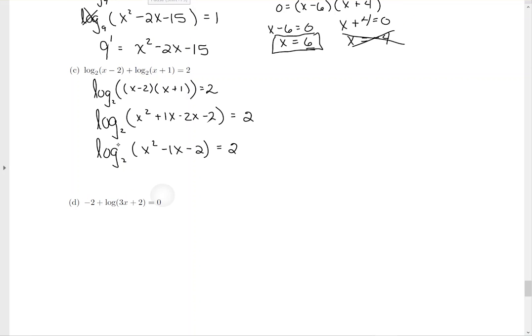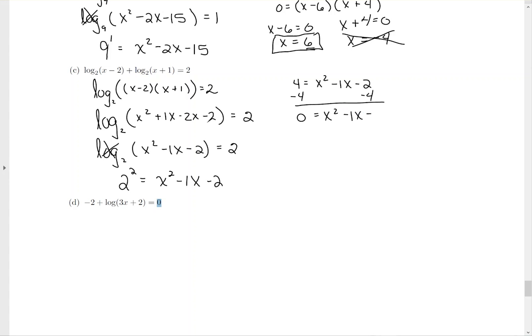All right, get rid of the word log, bring down your base to the power equals x squared minus 1x minus 2. 4, that's 2 squared, equals x squared minus 1x minus 2. Degree 2, so I've got to subtract the 4 from both sides, make a 0 over there. Minus 1x minus 6.